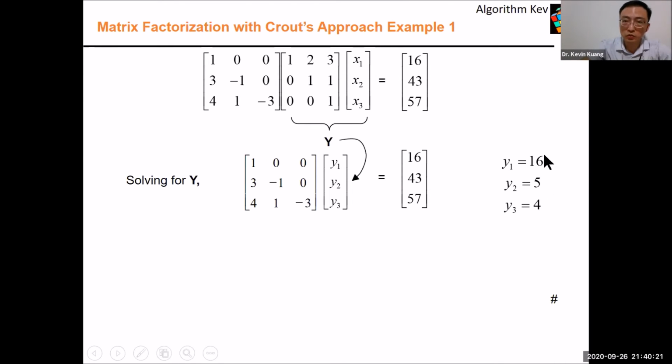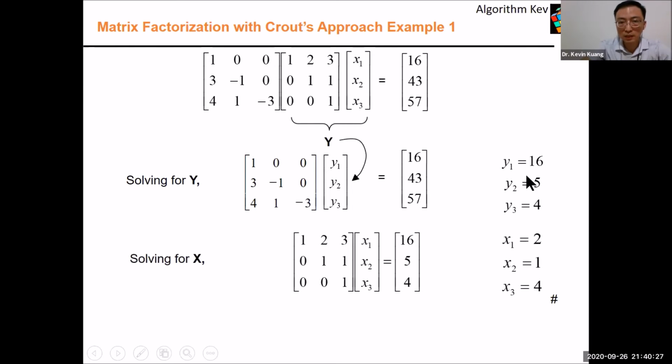But this is not the solution, right? Don't forget that we're trying to solve for x1, x2, and x3. Since we have defined this part here as Y, let's do that. So you have matrix 1, 2, 3, 0, 1, 1, 0, 0, 1, multiplied by the matrix x1, x2, x3 equals whatever answer we obtained here.